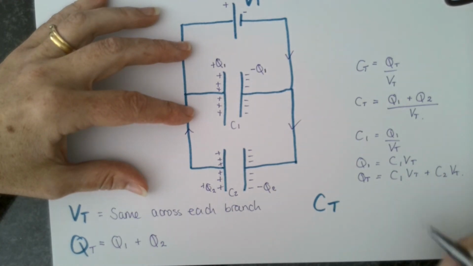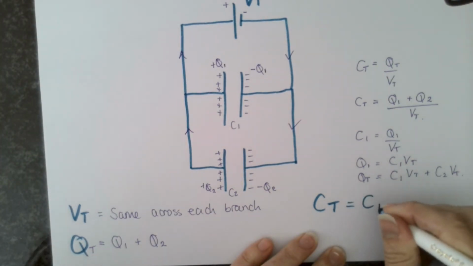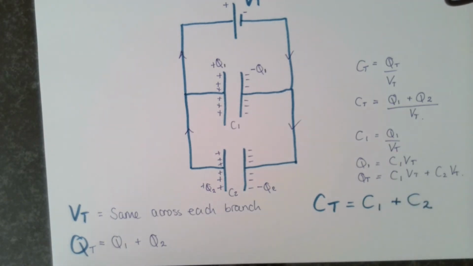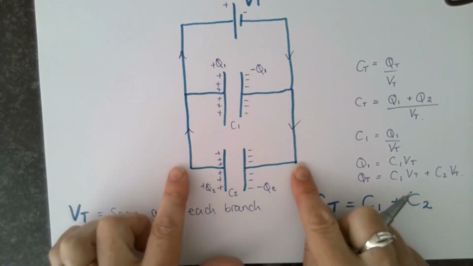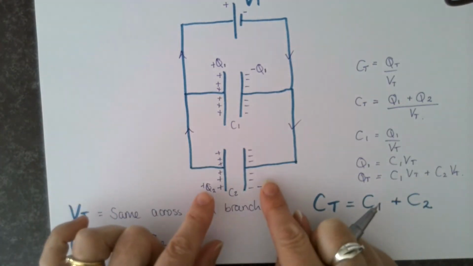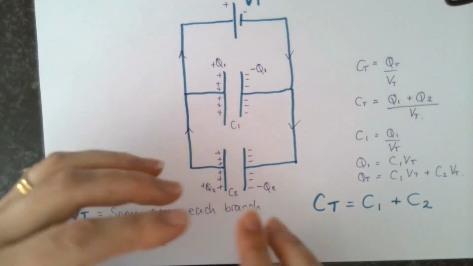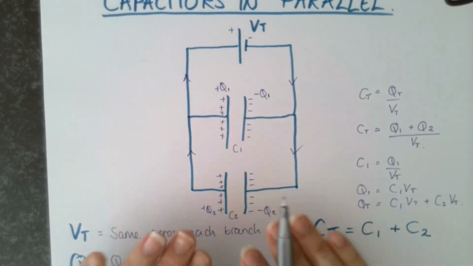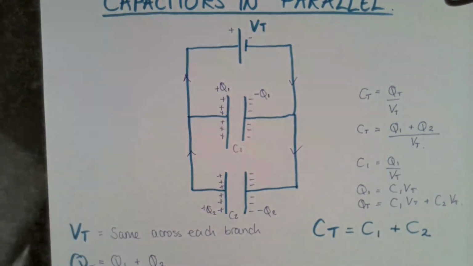We end up with an equation for CT which equals simply the sum of the capacitances. So in parallel, we add the capacitances together because the potential difference across each is identical, and therefore they store different amounts of charge, which is determined by their capacitance. So you will have more charge being stored in this circuit. So we have this total capacitance being equal to the sum of the capacitances.